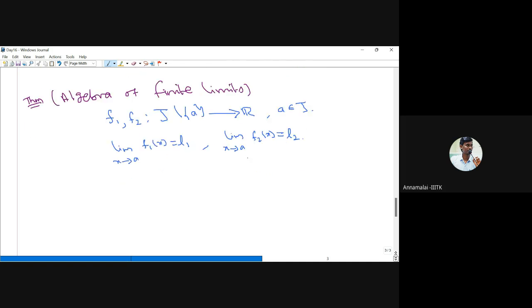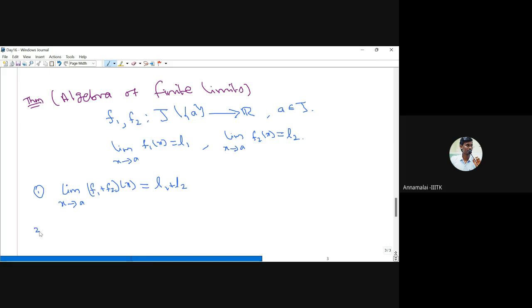Now the first one, the sum. We know f1 plus f2 at x is nothing but f1 of x plus f2 of x. Then the limit as x tends to a of f1 plus f2 exists, and the value is L1 plus L2.